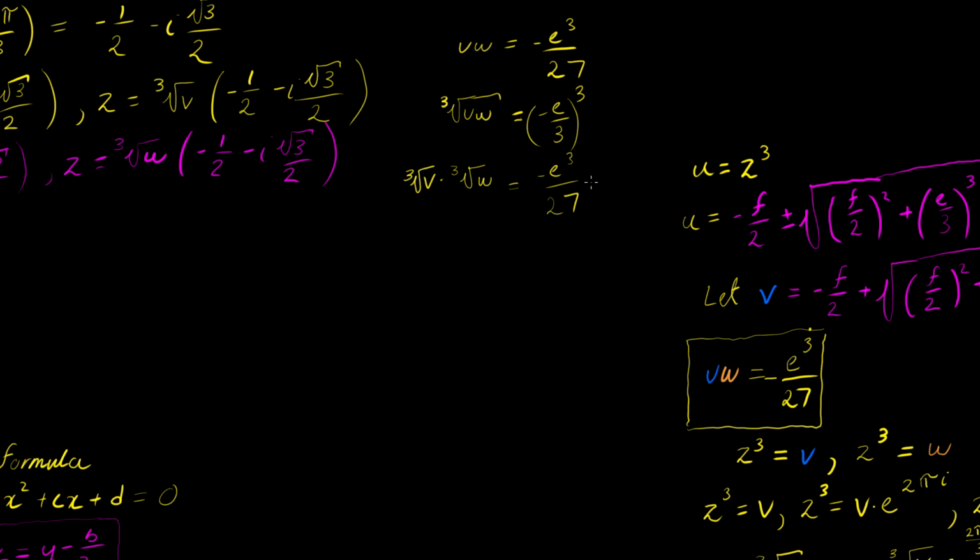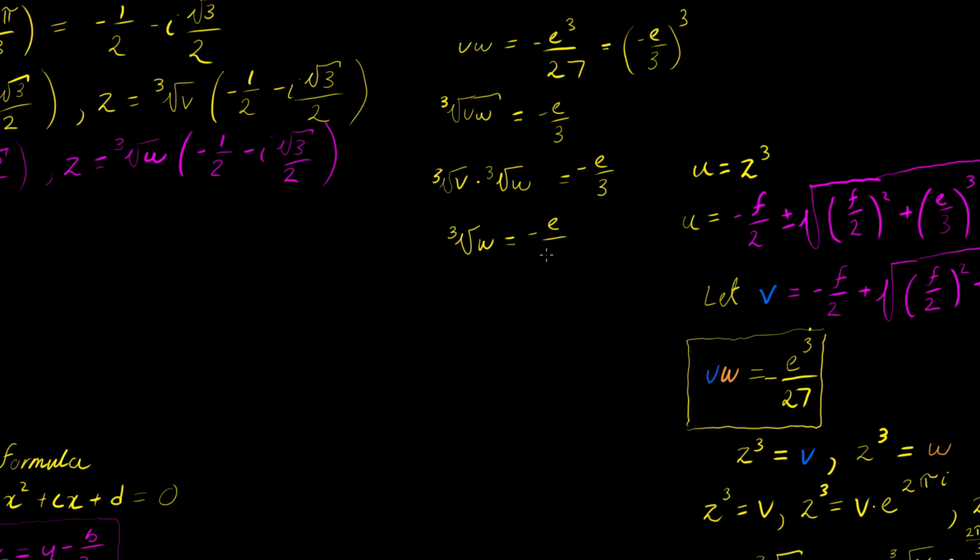Actually, that's not correct. Let me go back. We know that the cube root of VW is just going to be negative e over 3, because VW is negative e over 3 cubed, so if we take the cube root of that, we're just going to be left with negative e over 3. So we know the cube root of v times the cube root of w is negative e over 3. And now, we could write the cube root of w is equal to negative e over 3 times the cube root of v.